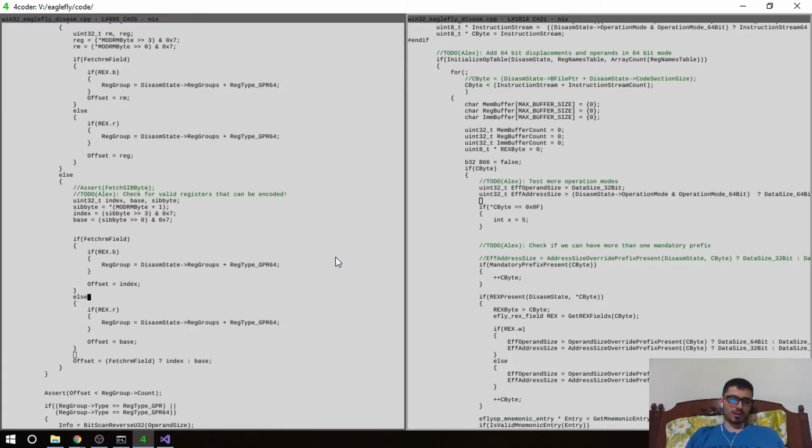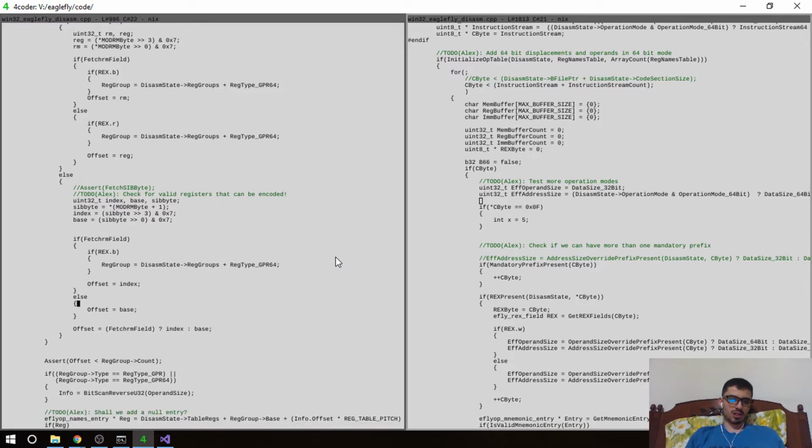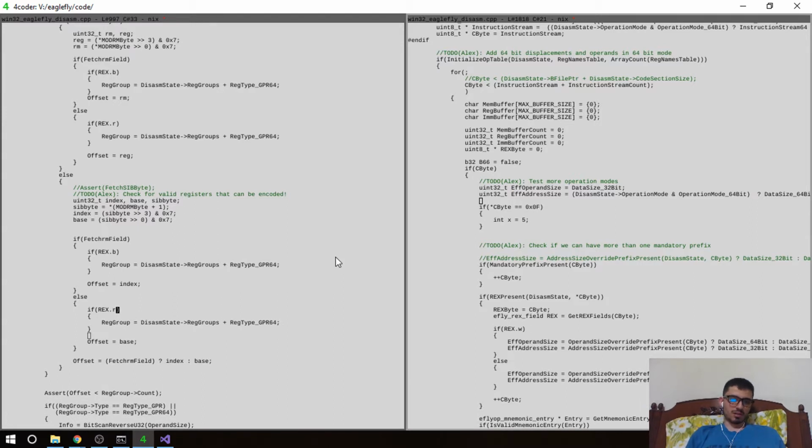We don't have R here, so we don't need this to get changed, but I'm going to change this: this goes to X, this goes to B. So we have to go on towards GPR64.